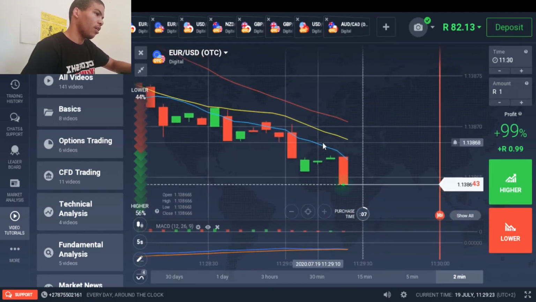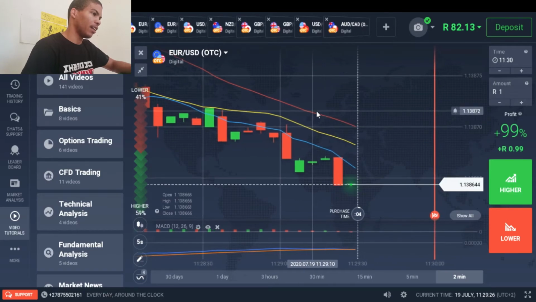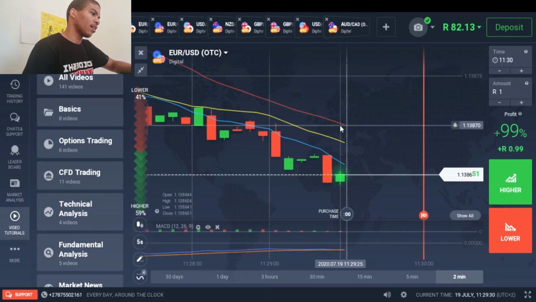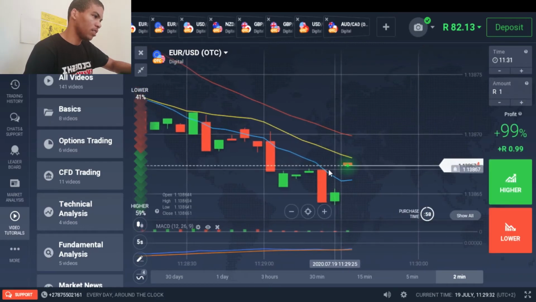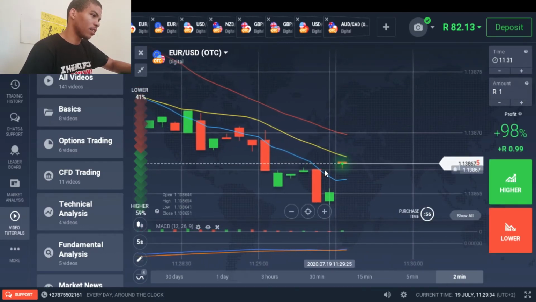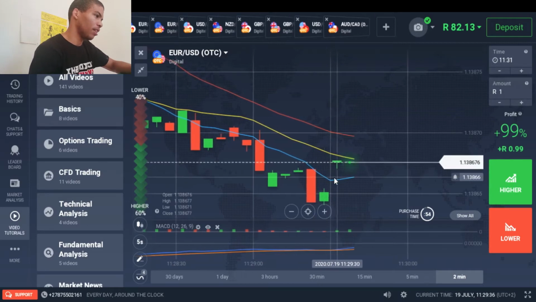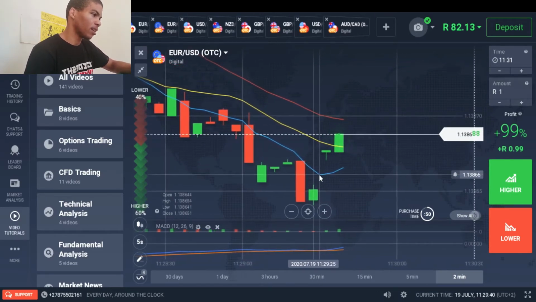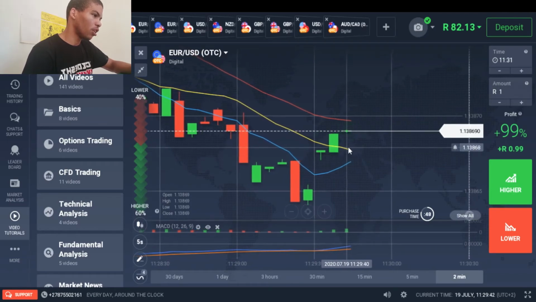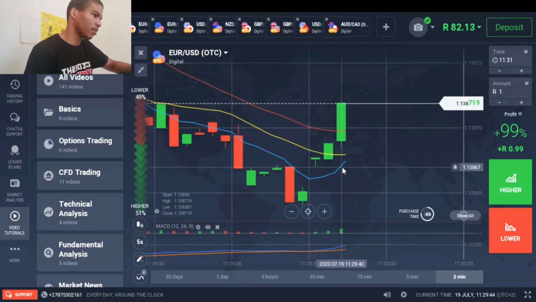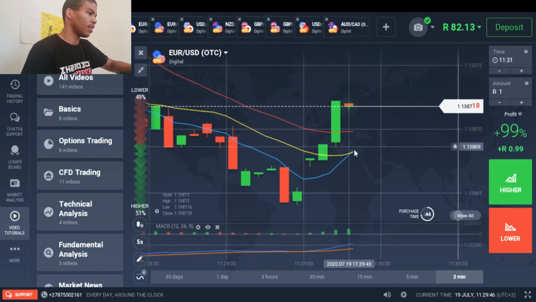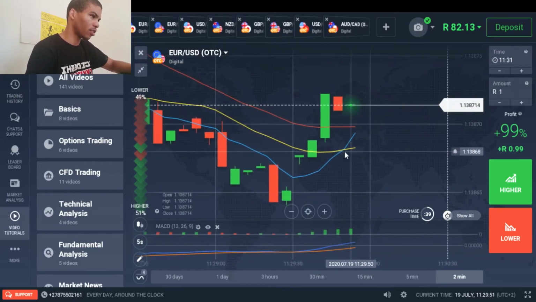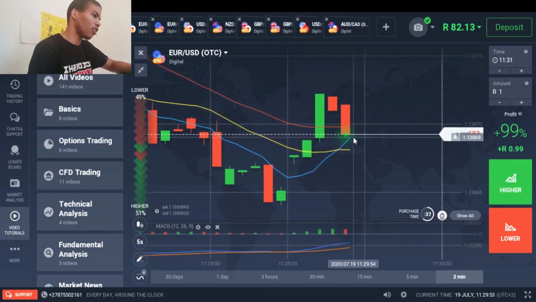The red line is the heaviest. The red line influences the blue line, which then determines whether it's moving up or down. If the blue line crosses the yellow line upward, then you should normally bet higher, but you have to wait for it to cross. There it crossed now, so you go higher.